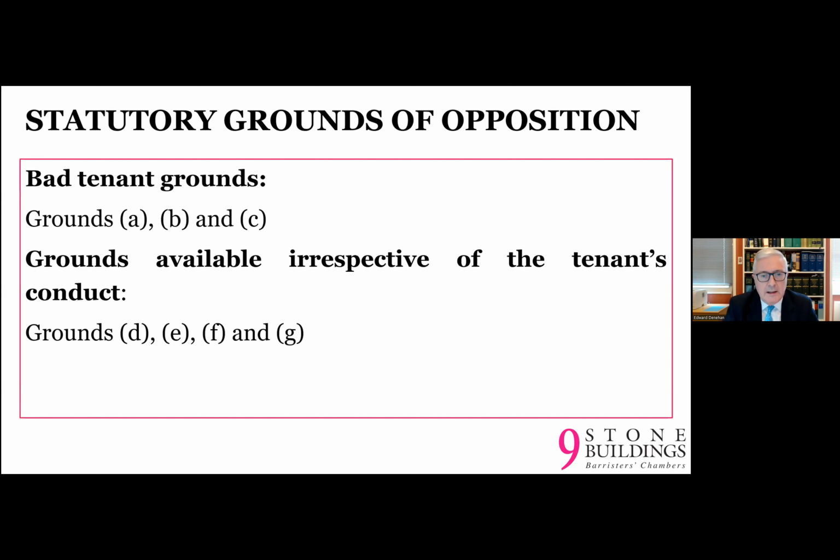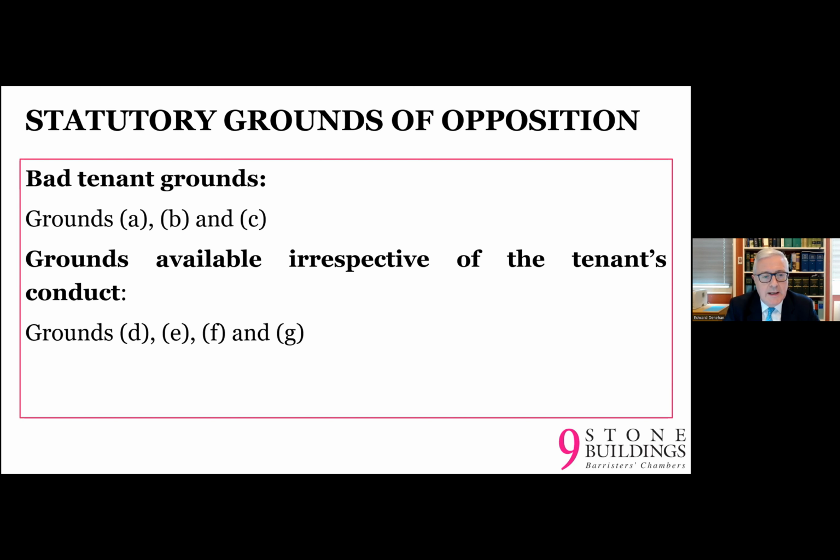I'm bound to say that my own personal professional experience, and the anecdotal evidence that I've been gathering in recent days from other barristers who pretend, like me, to practice in this area, is this: that grounds A, B, C, D, and E are very rarely relied upon. I can't ever remember doing a case under D and E, and we'll explain what those are in a minute.